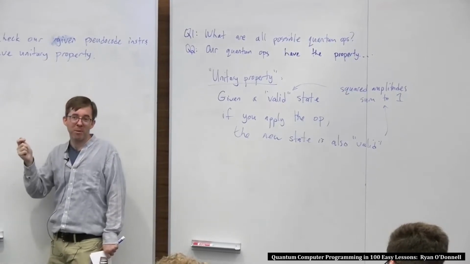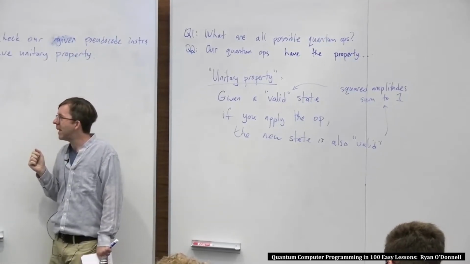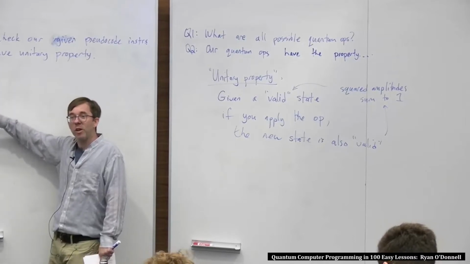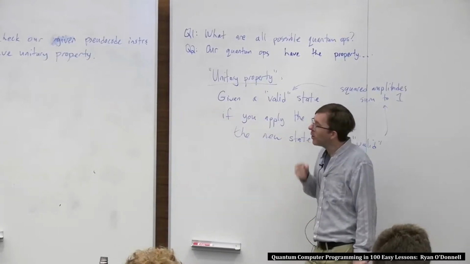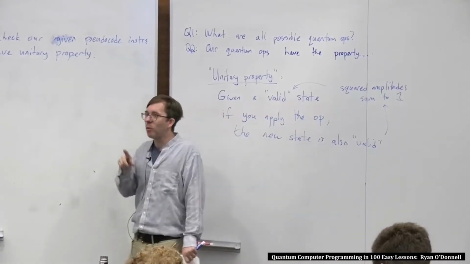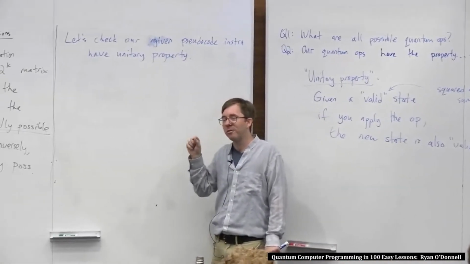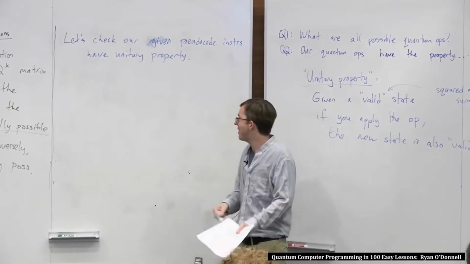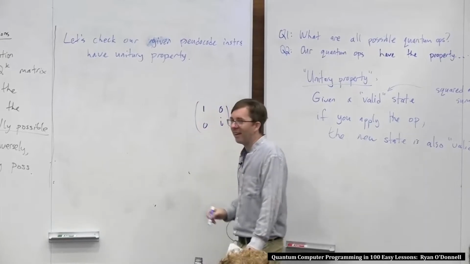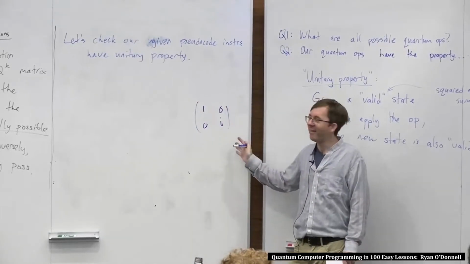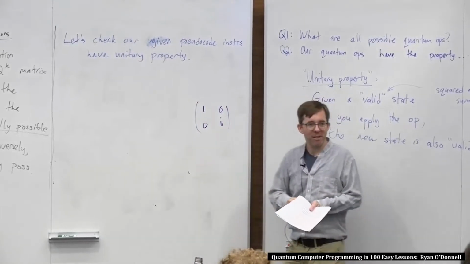Again, you can take my word for it that anything you can do in quantum computing with complex numbers, you can do without complex numbers. Or if you really want complex numbers, you can give yourself one little new instruction called phase, which has the matrix 1, 0, 0, i. And then if you have this one, you can get everything with complex numbers.